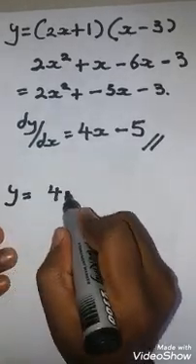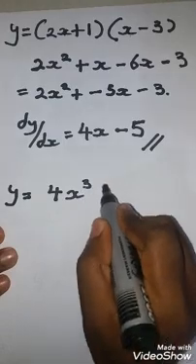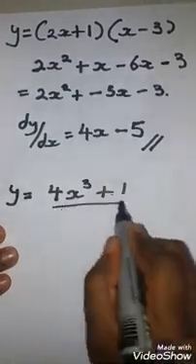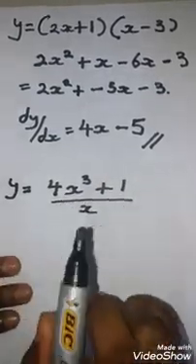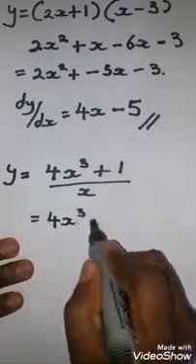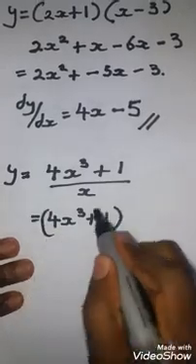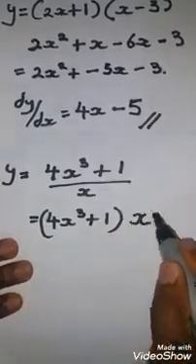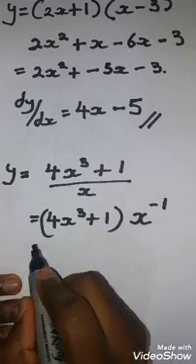Next question. y equals 4x cubed plus 1 all over x. Simplify the equation. That's the first thing. Plus 1, all multiplied by x raised to the power minus 1.